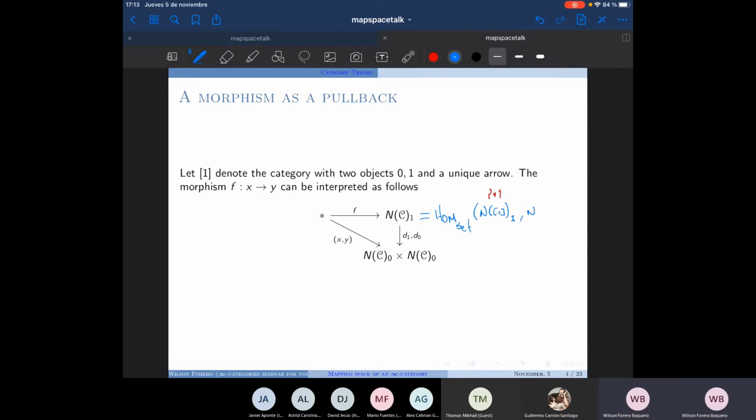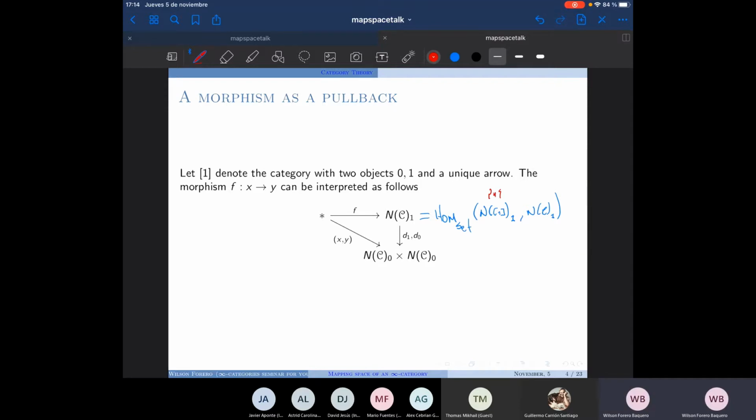To the ordinary nerve of the category C at level 1. So this means all the possible morphisms from the set with one point to the set of morphisms. That is equal to the set of morphisms of the category C. So if we want to extract the domain and the codomain of the arrow, we only apply D1 and D0.